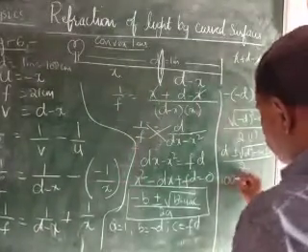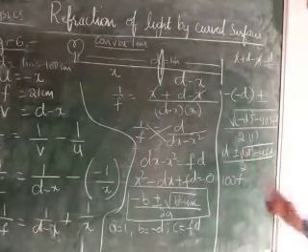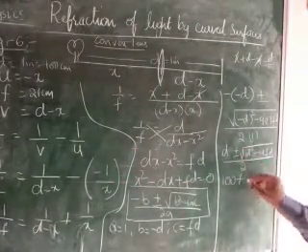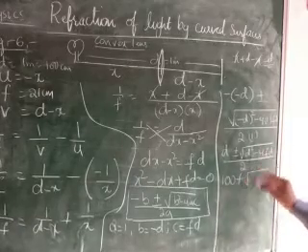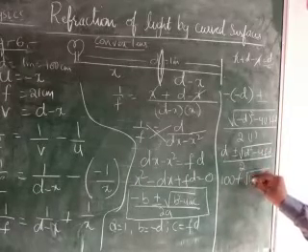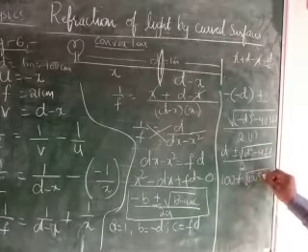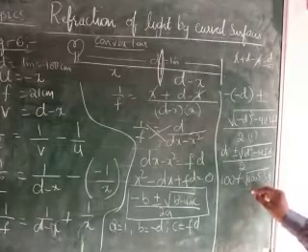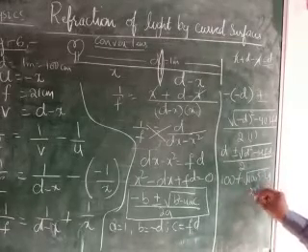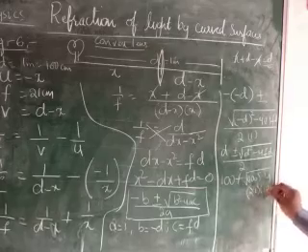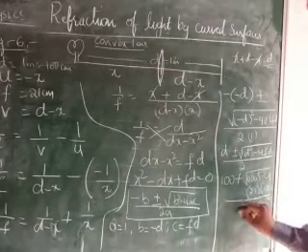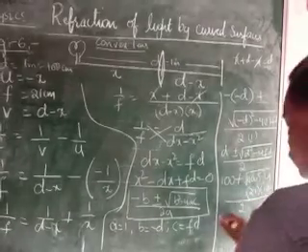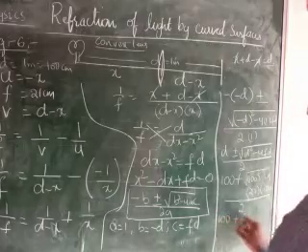So 100 plus or minus root of 100 whole square minus 4 into f, which is 21, into d, 100, by 2.